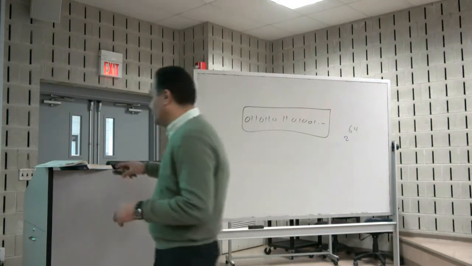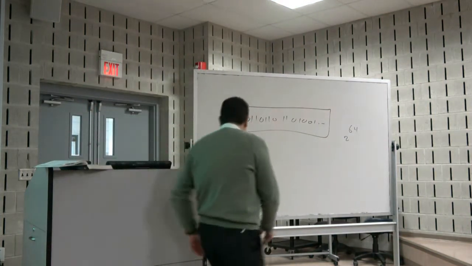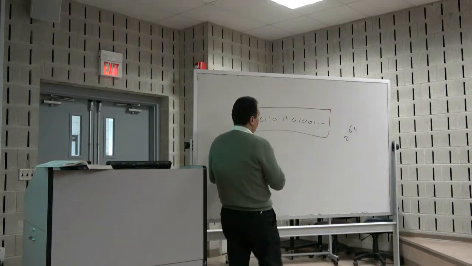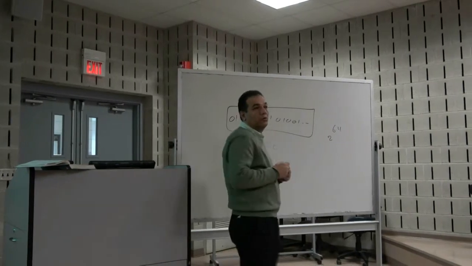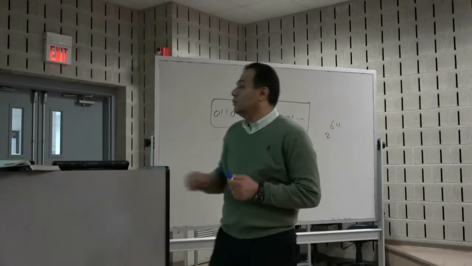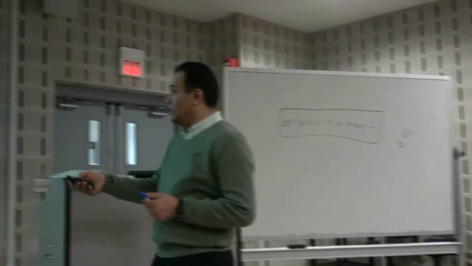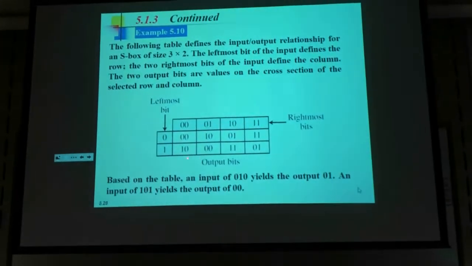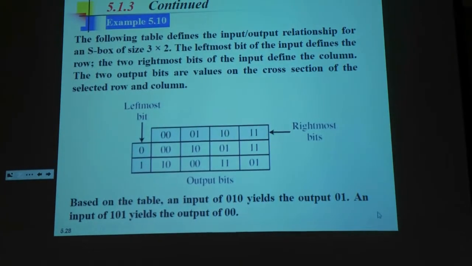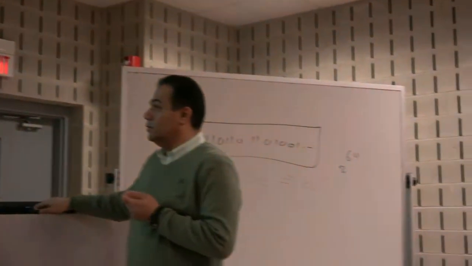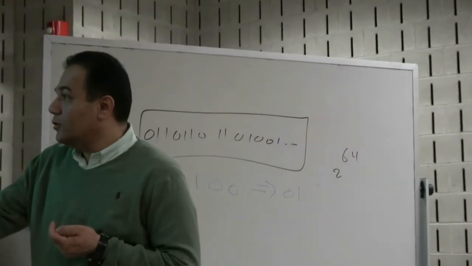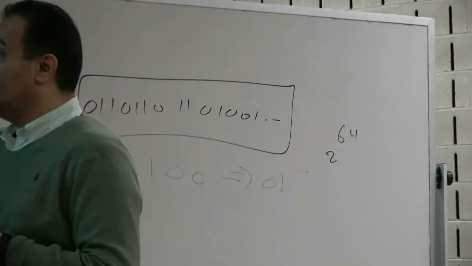So if I ask you, for example, what is the output? What is the encryption for 1, 0, 0? Can we get it from the table? 1, 0, 0, it will be 1, 0.